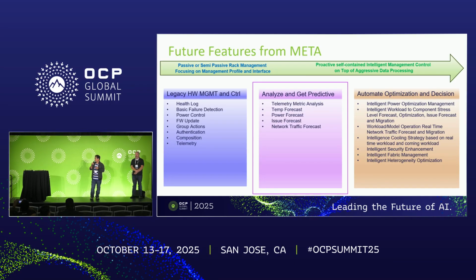Phase two, for now, is where the management should be able to analyze and be predictive. Phase three is the future, where we'll address the AI infrastructure requirement. The ultimate goal is to be able to automate the optimization and then make intelligent decisions.